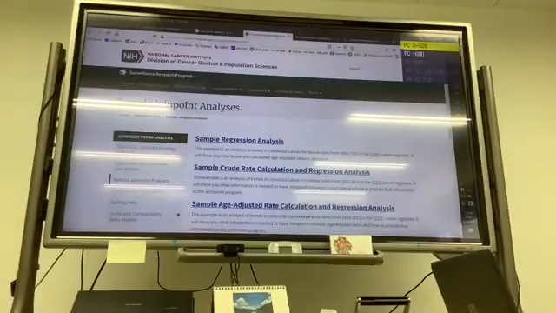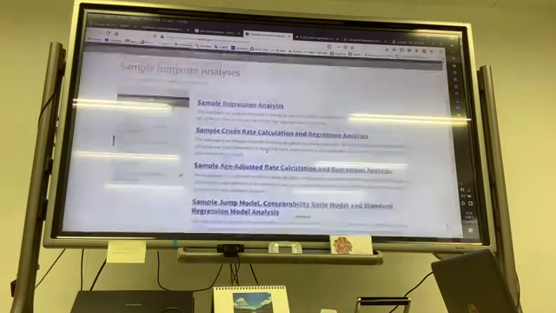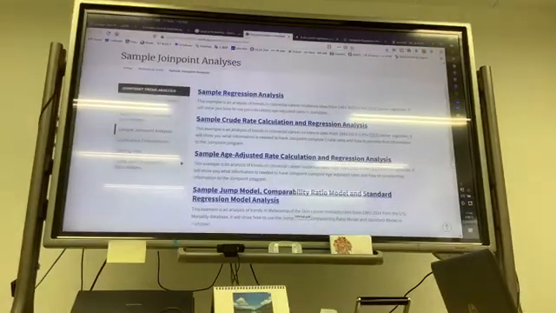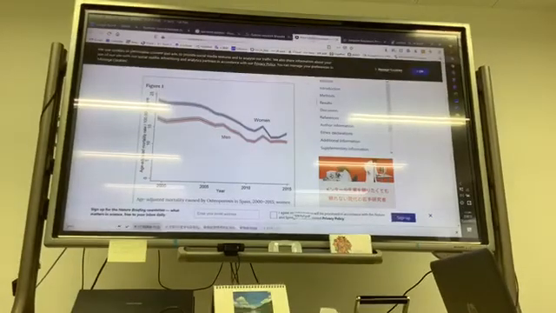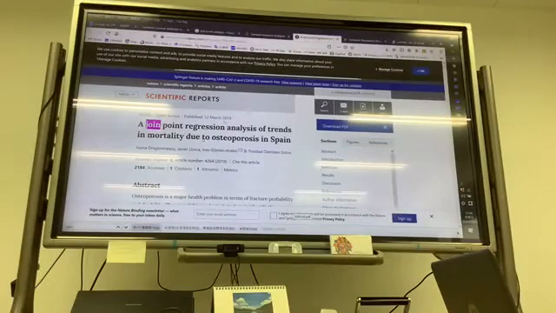It is very famous because the National Cancer Institute released this kind of software, and this is just like a Google paper.